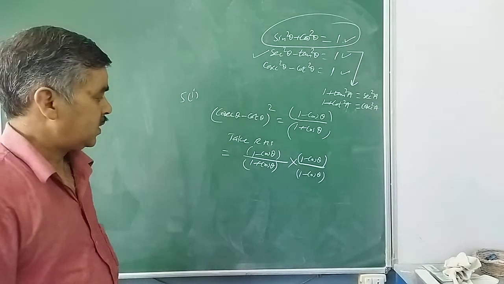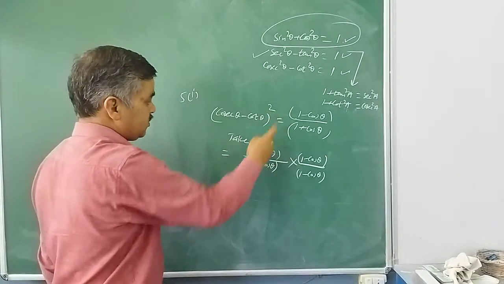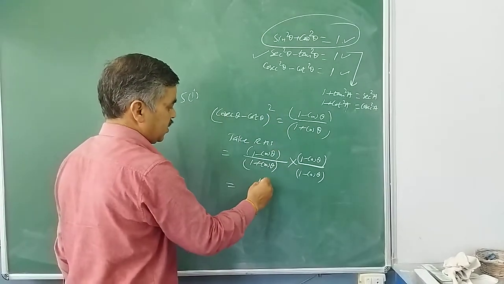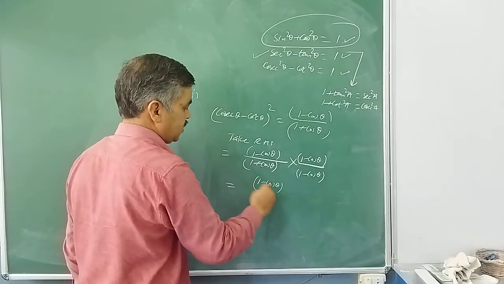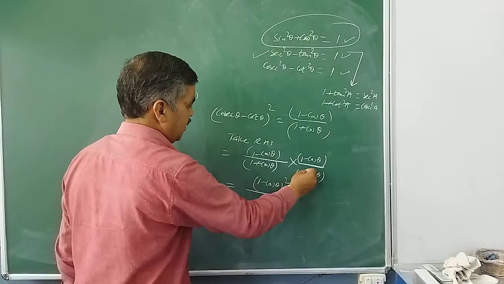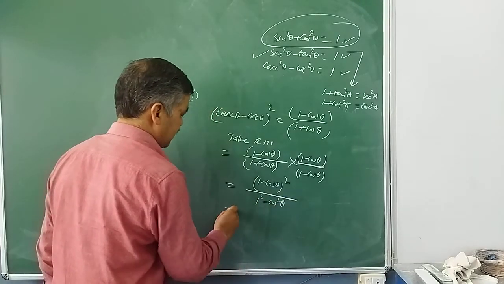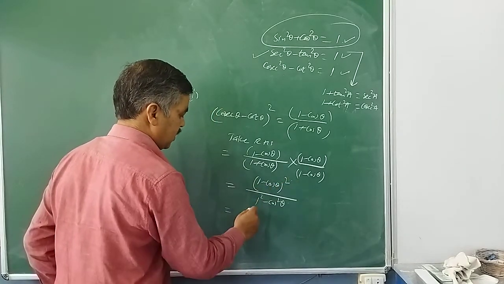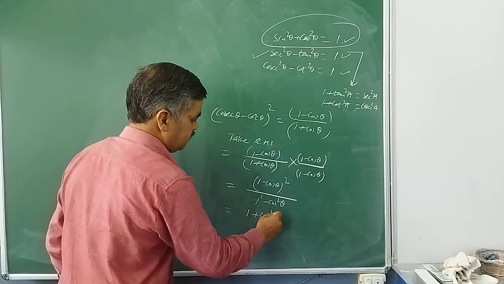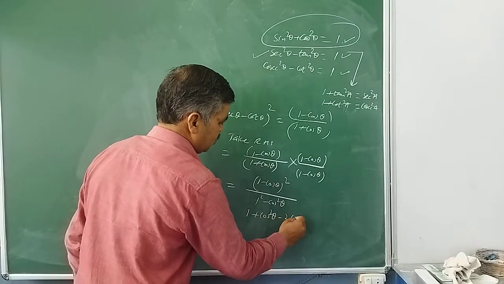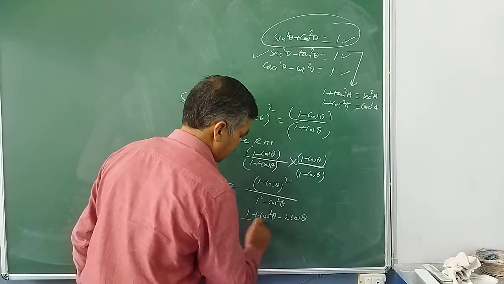Do that. And now, because you need this in terms of a whole square, come back. Now this is 1 minus cos theta whole square upon 1 square minus cos square theta. So finally I am getting a minus b whole square, a square plus b square minus 2ab. Do that.